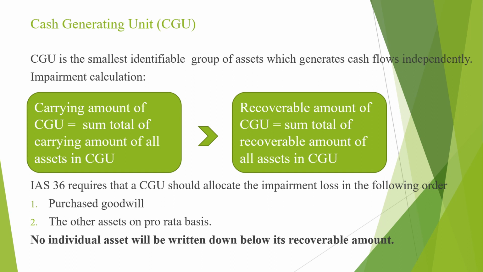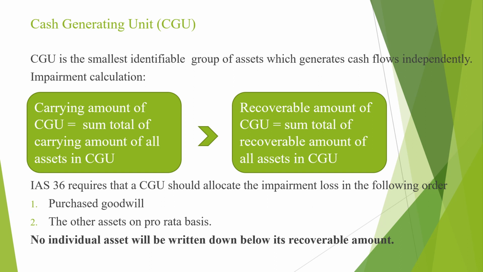Each CGU may have purchased goodwill, and the first step in allocating the impairment loss is you will write off the goodwill first. After writing off the goodwill, if you still have an impairment loss, the balance will be allocated to all other assets, including any other intangible assets like patents, royalties, etc., on a pro rata basis. I hope that is clear.